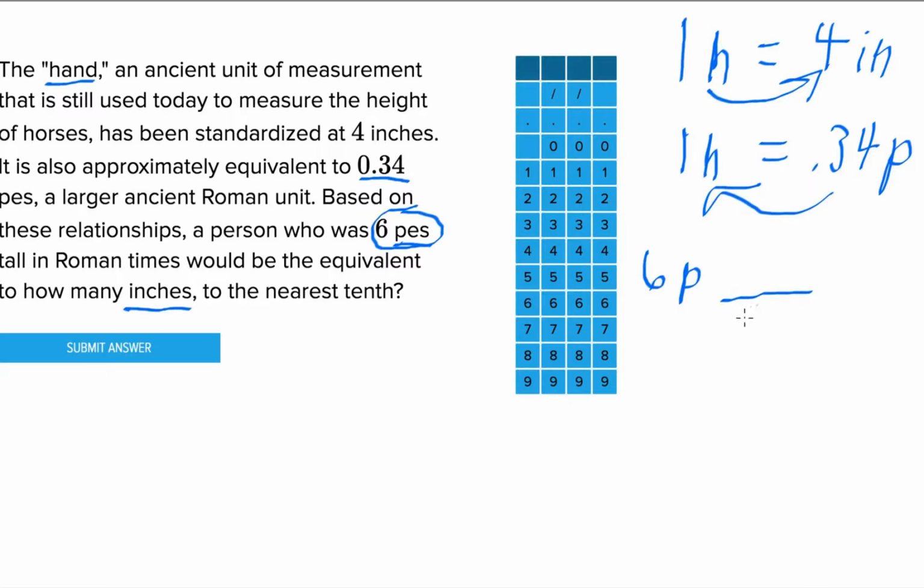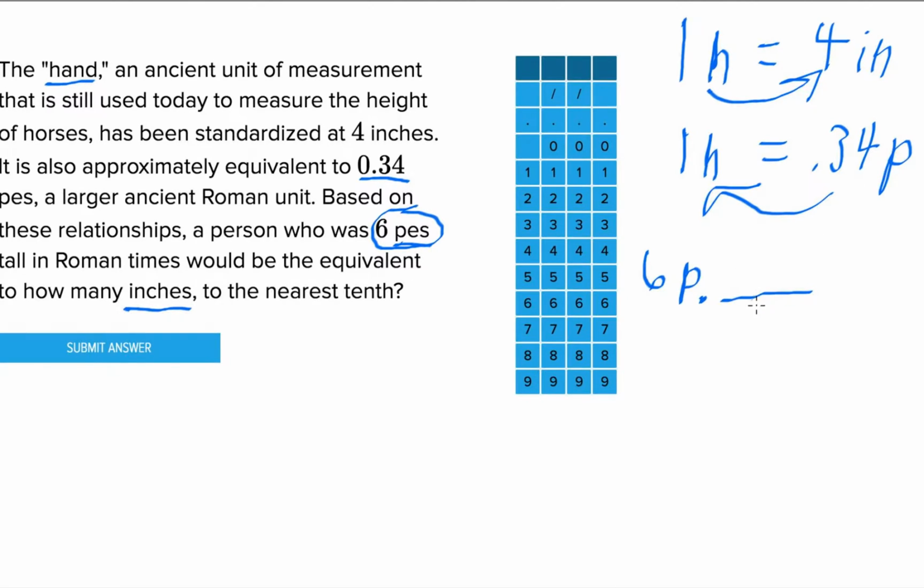So what we want to do is multiply by a fraction where we have the unit pace in the denominator so that it cancels out. So what's our relationship for pace and hand? Because we've already said that we want to find a hand first. Or sorry, 6 pace and hand.